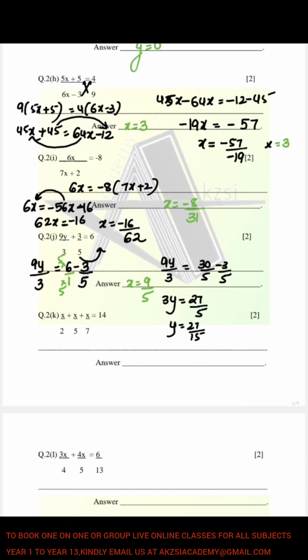The common denominator of 2, 5 and 7 is 70. So I need to make each one of them 70. To make 2 into 70, I need to multiply by 35, and the same goes with the numerator. For 5, I need to multiply by 14, and for 7, it should be 10.